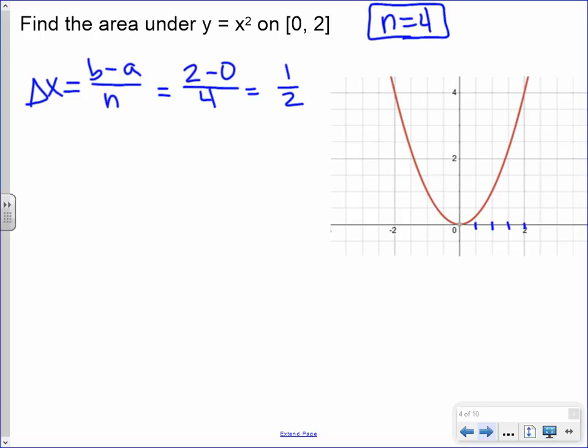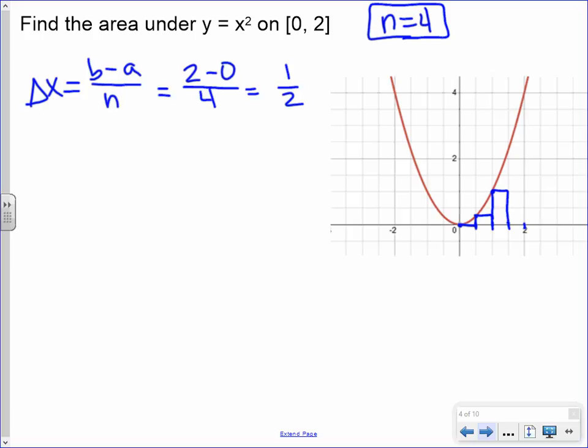So, this rectangle from 0 to 1/2, this is the left side of that interval, so it doesn't have a height. From 1/2 to 1, here is the left side of that interval, so there is that rectangle. From 1 to 1.5, the left side would be here.